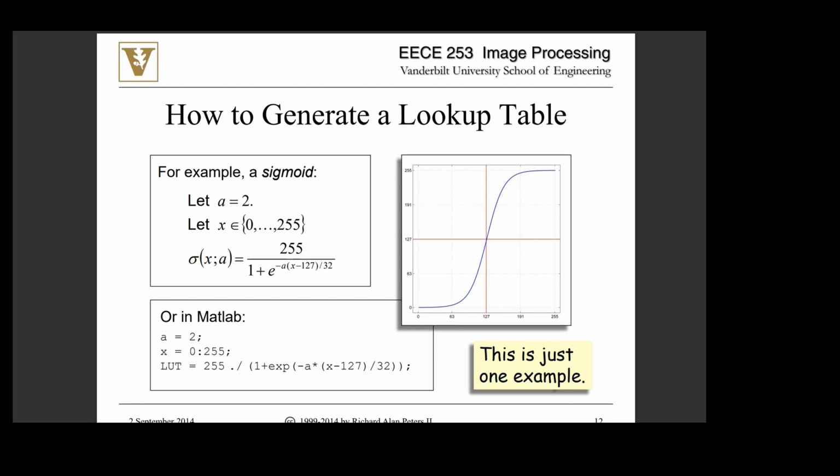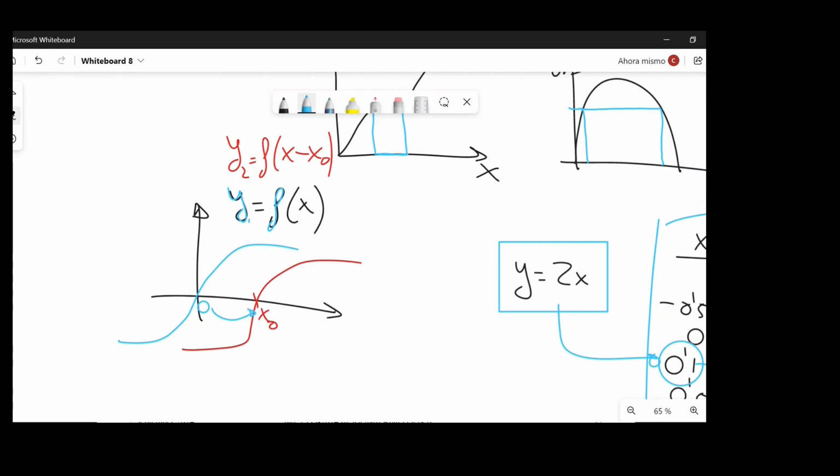And then the other interesting number is this a divided by 32. It doesn't matter if it is 32 or whatever. It is the coefficient in front of this, and this coefficient determines the slope.